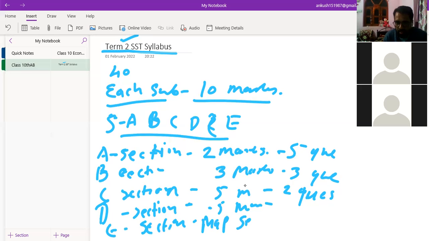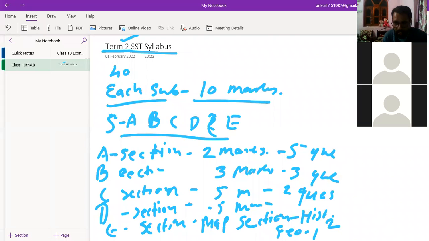Which section? Map section. This map section will include from history there would be 2 questions, and from geography there would be 1 question. No, it is going wrong.